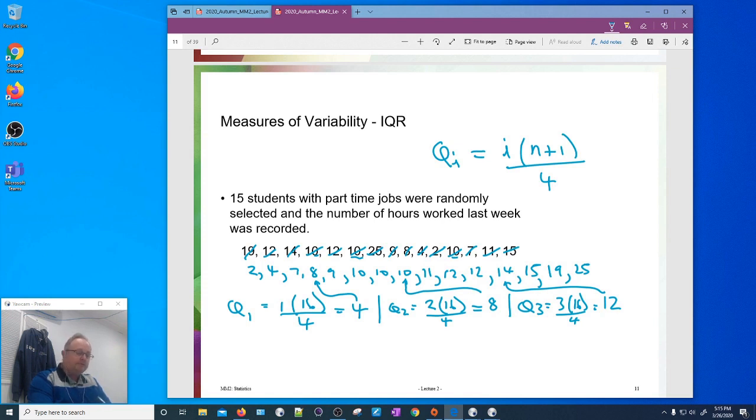You'll be fine. Okay, so let's come down here, and in this case we're going to talk about the interquartile range.